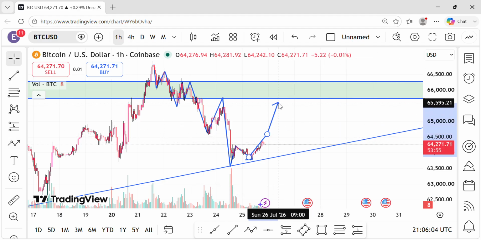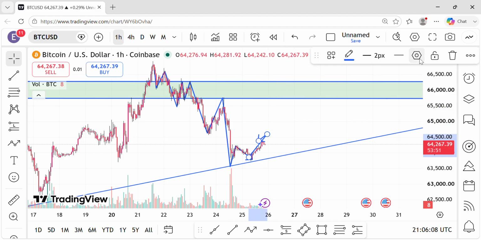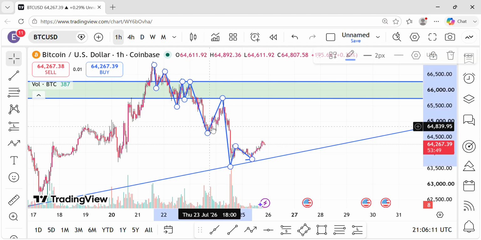For example, maybe to test this level or anything else, okay.